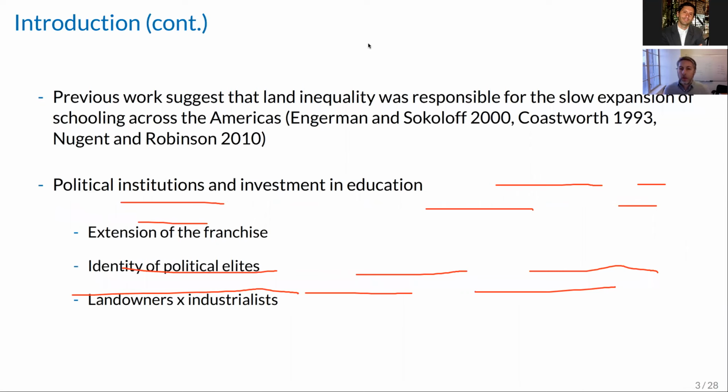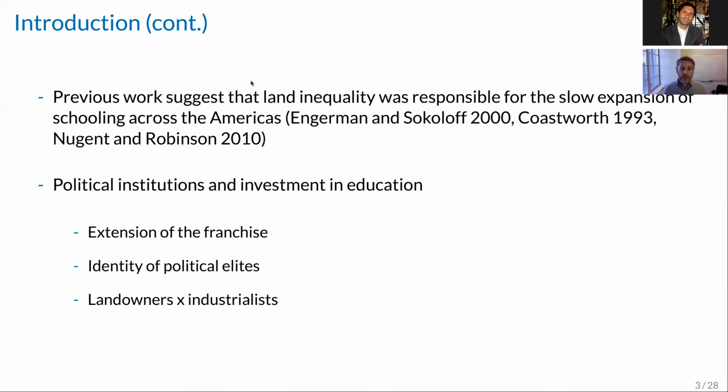Now, the answer to the question of why some countries expanded faster and others did not, a lot of the previous work links it to inequality, and especially land inequality. And that's the influential work of Engerman and Sokoloff, for example, in 2000, for those of you that are familiar, trying to explain the different developments, for example, in the Americas, if you compare the North, like the US and Canada, compared to, for example, Latin America.